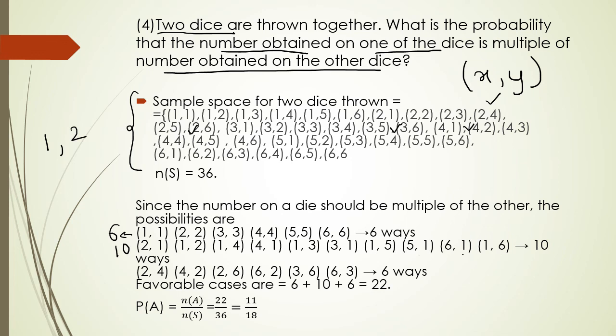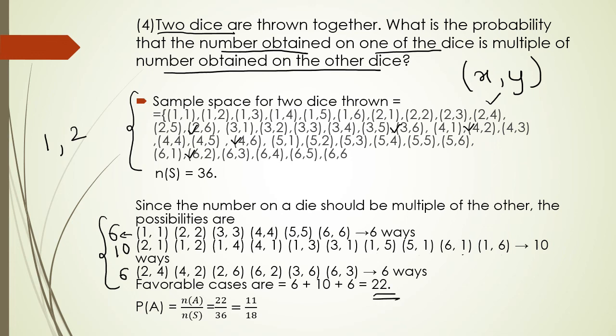Then 4, 4 we have already counted. 4, 6. Then we can consider 6, 2. And the last, 6, 6, we have already counted. So this would be a total of 6 again. So the addition of all of them together gives my favorable outcomes, which is 22.